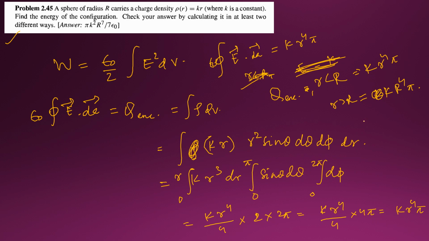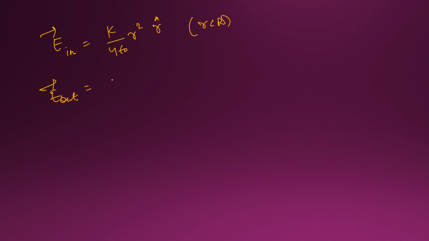Now we will use this to calculate your electric field. E inside will become k r square by 4 epsilon naught. And what will E outside be? E outside will be k R fourth by 4 epsilon naught r square.